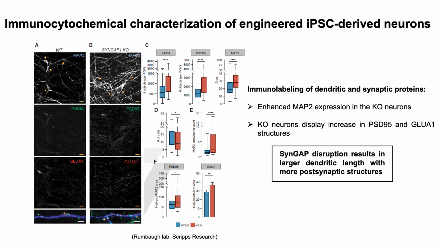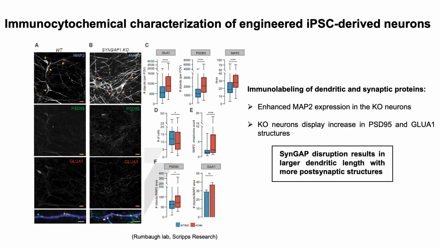And then they also performed some immunolabeling of the dendritic as well as synaptic proteins. Clearly from this, the right panels are for the SYNGAP knockout compared to the wild type controls. The immunolabeling studies showed enhanced expression of MAP2 in the knockout neurons. The quantification is also shown here, but it was not just because of the higher density of the knockout neurons present in the cultures.